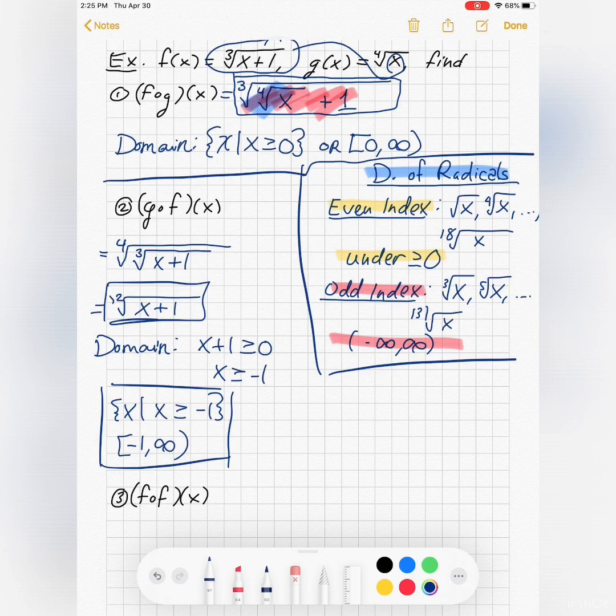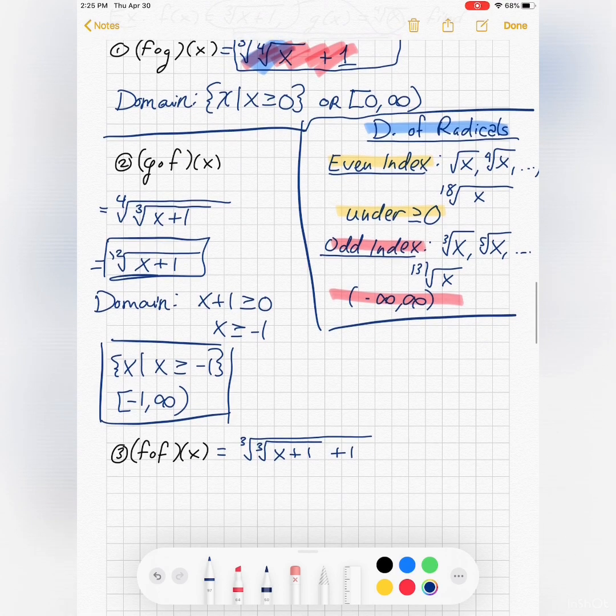What about f of f? There I'd be taking the cube root function and plugging it into itself. That'd be one where I can't simplify, because you see how I have the sum separating terms underneath each of these roots? So it'd actually be stuck.